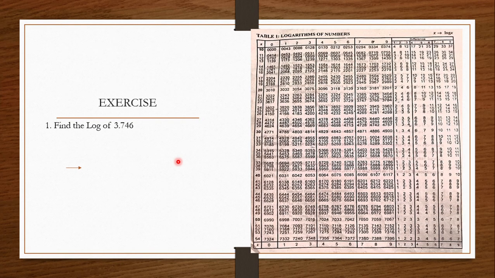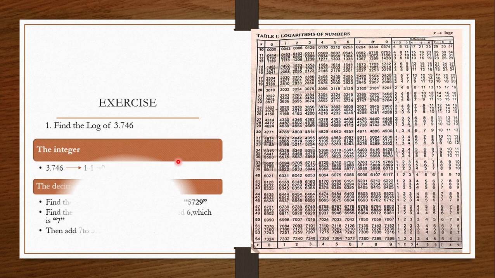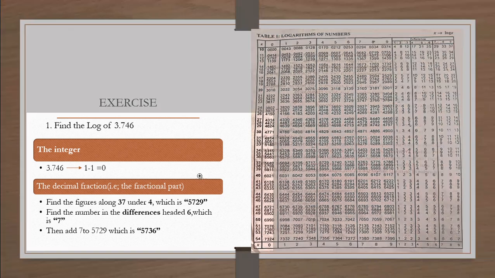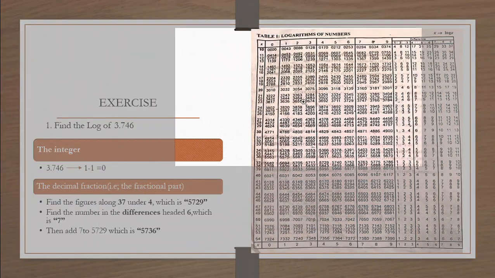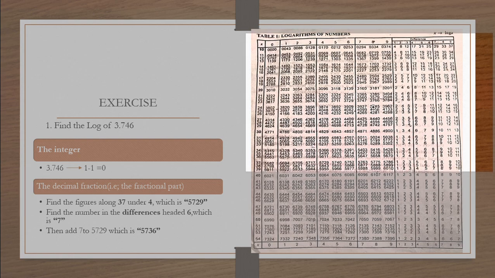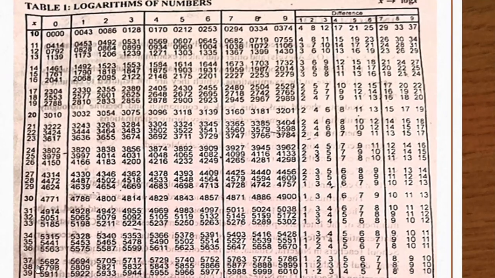Reading it, remember what I said, the integer is this. Then reading our 4-figure table, let's zoom in: 37 under 4 difference 6. This is 37, under the column of 4.